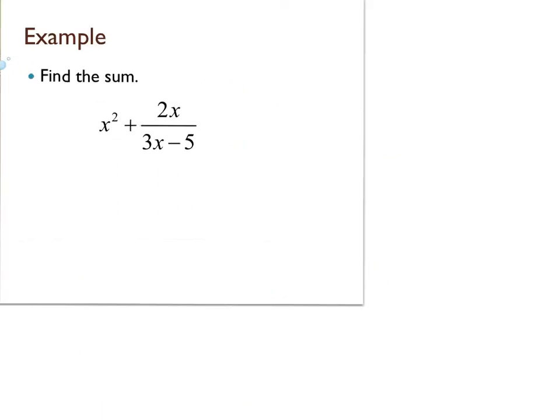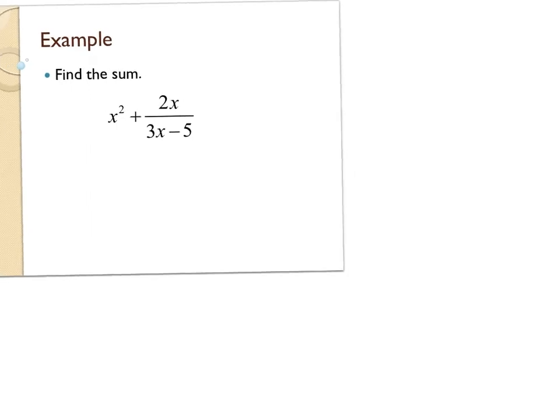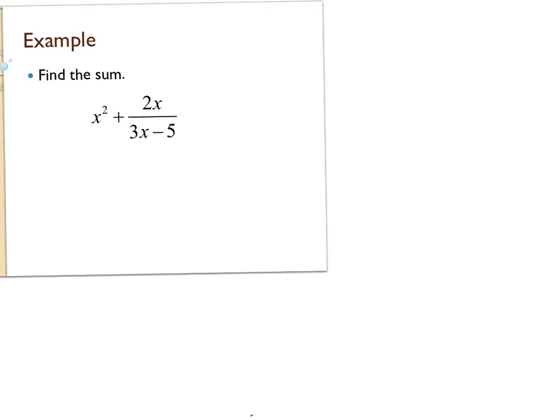Here's our next example. Not maybe as involved as the previous one. Maybe it is. What we have here is a term, x squared plus this. Well, right now the x squared is over 1. They need to have a 3x minus 5.